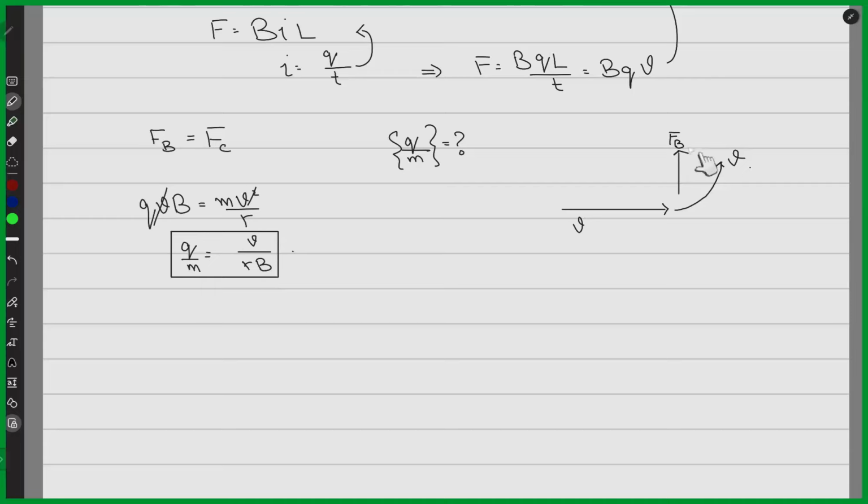Now, another thing that you can measure is the radius of this circular path. That radius quantifies how much the particle will bend inside a magnetic field, or under a magnetic force. So that makes the radius an important parameter, and the radius is then written as mv over Bq.